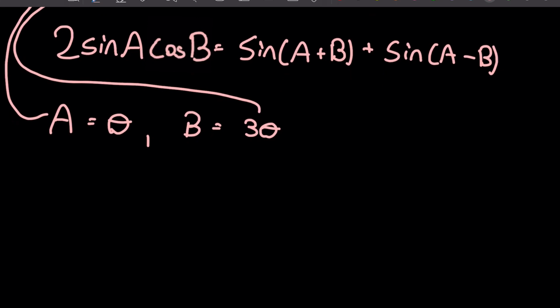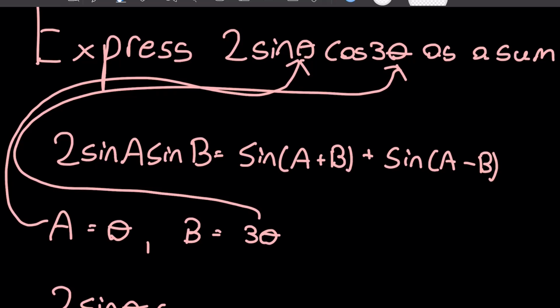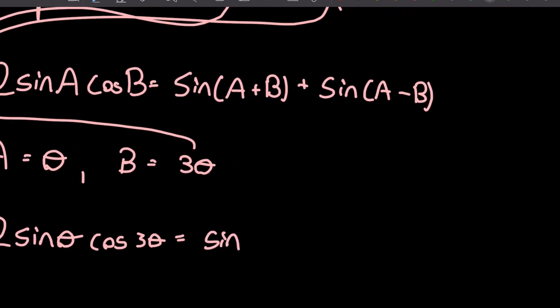So substituting now, we'll get 2 sine theta. I made a mistake. What should have been there is 2 sine A cos B instead of 2 sine A sine B. So sorry for the error. 2 sine theta times cos of 3 theta should be equal to sine of theta plus 3 theta plus sine of theta minus 3 theta.